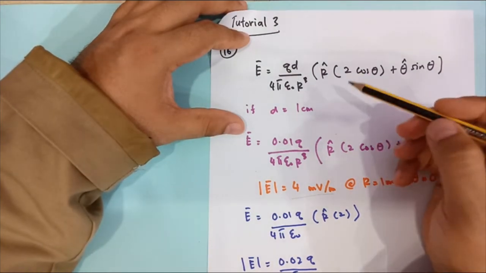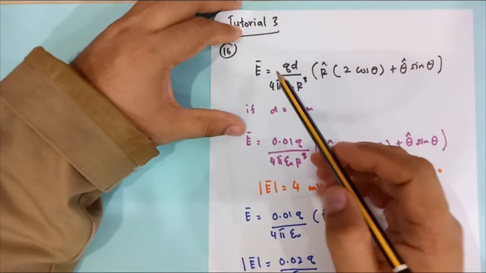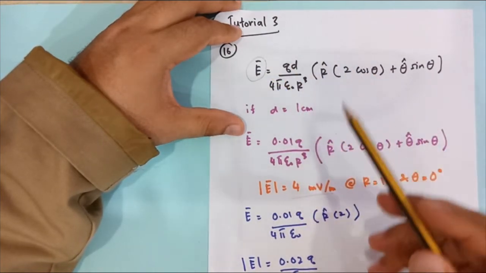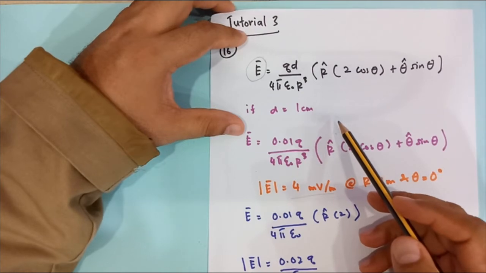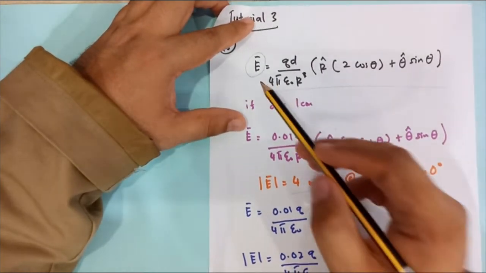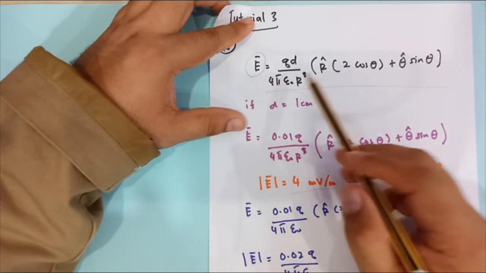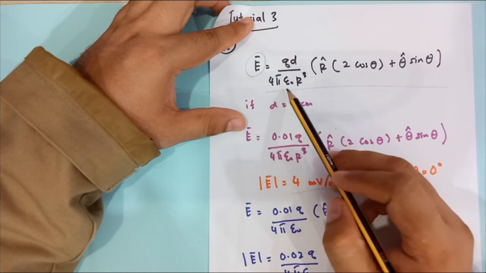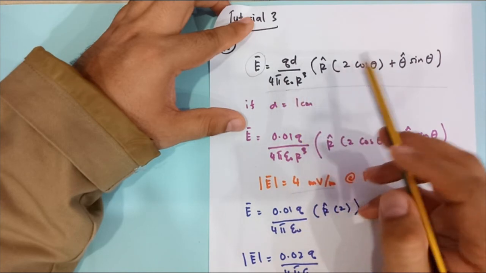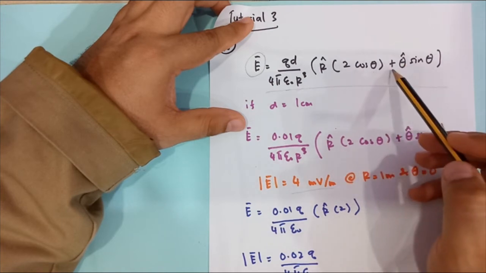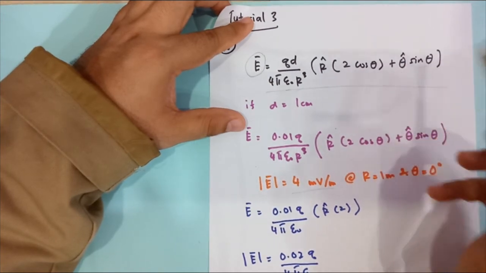As we derived in the lecture, the expression for the electric field intensity vector for the electric dipole case is given by this equation, where the vector E is equal to QD divided by 4 pi epsilon naught r to the power of 3, times r cap 2 cos theta plus theta cap sin theta.